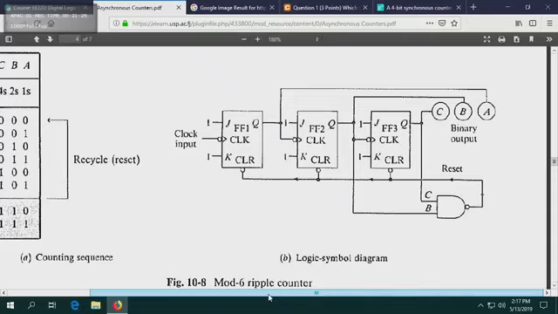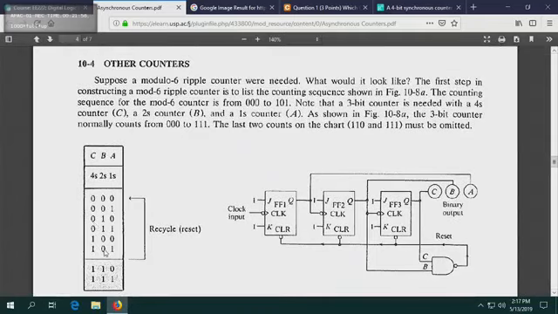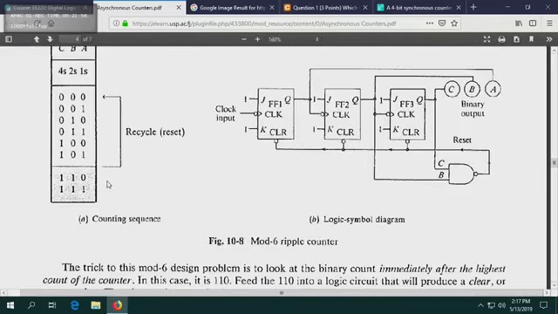Okay. Now, you may be wondering, hey, what if I want to count only from 0 to 9 or 0 to 5? Let's consider this example. The number 5 is 101.